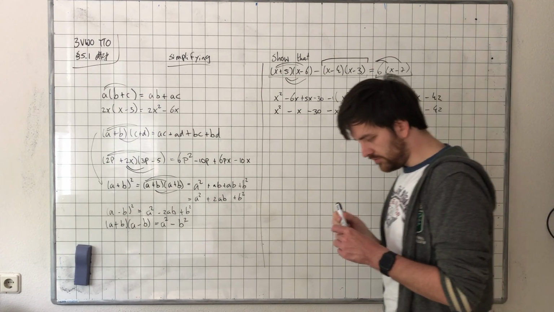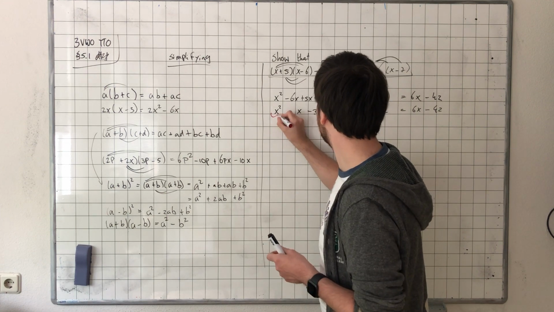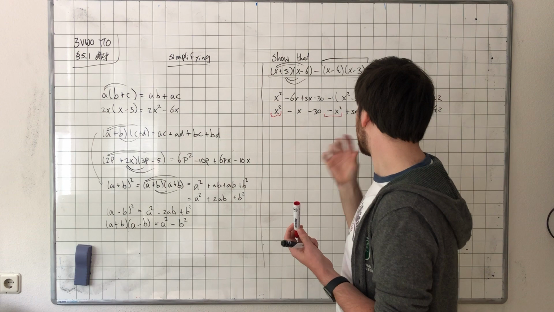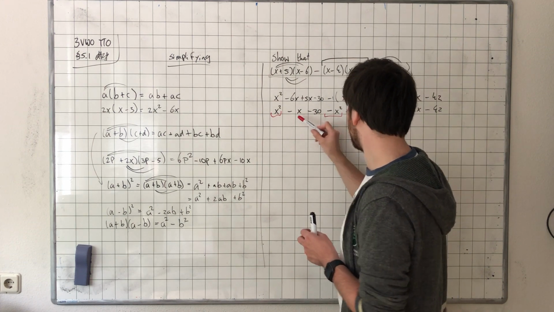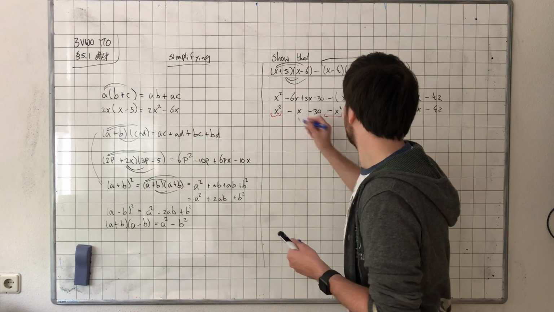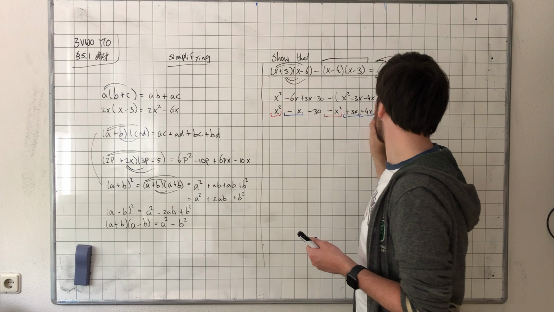So now we're going to look for like terms, and then we can see that x squared and minus x squared are like terms, and they cancel out, so that's good. Minus x plus 3x plus 4x, those are like terms.